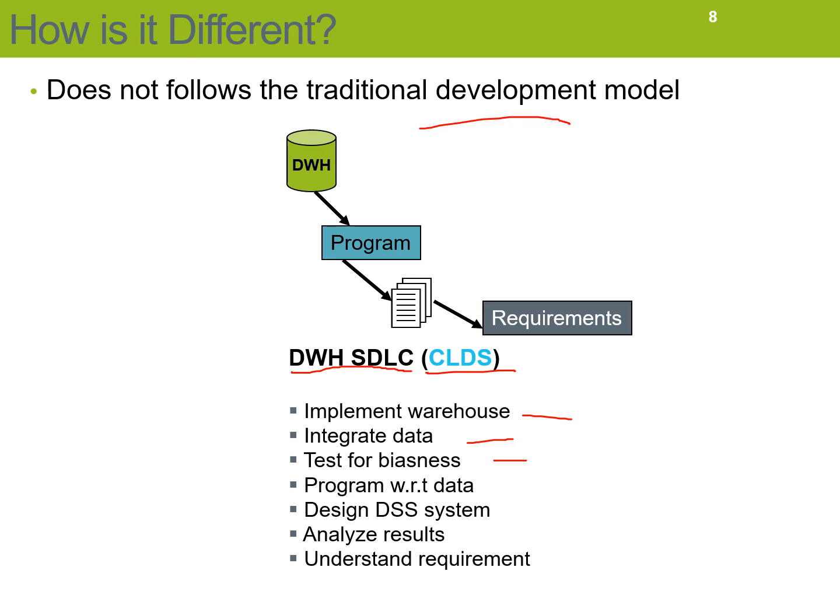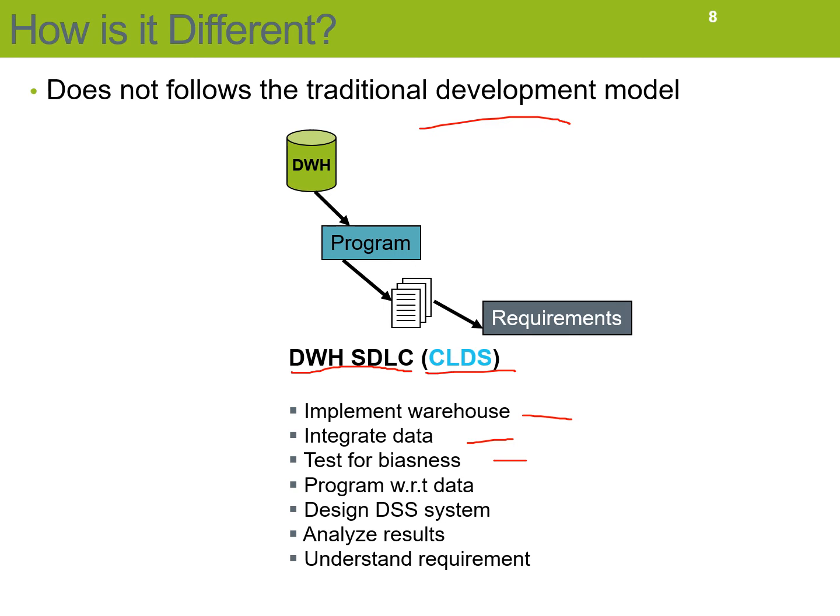For example, if there is customer data, all customers should not be male or all female, or all above the age of 80. In real life, this is not usually the case.